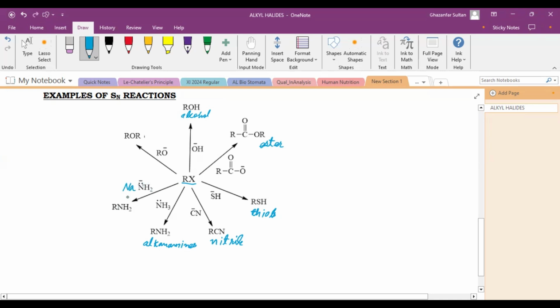This NH2 minus group is also known as amide. So it is also an alkanamine. And ethers can also be synthesized if we use alkoxides of alkali metals. Then it produces their respective ethers.